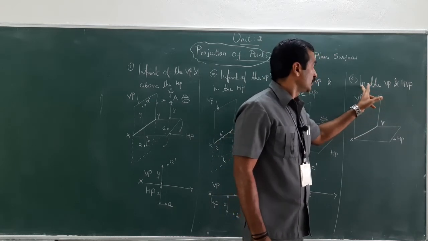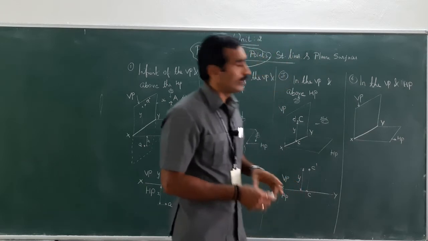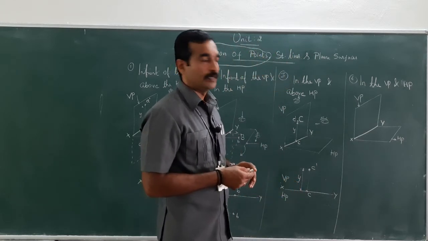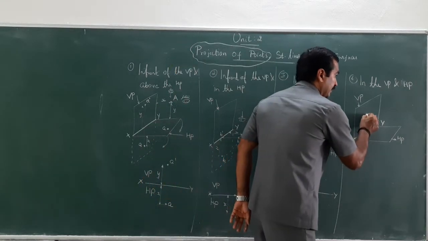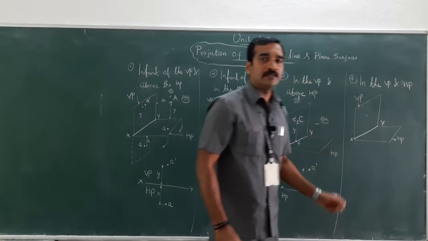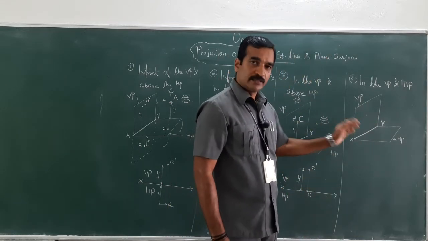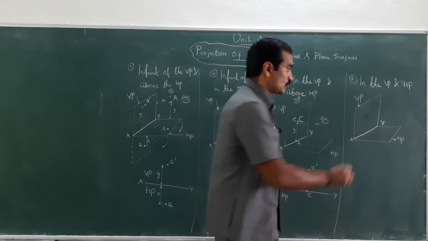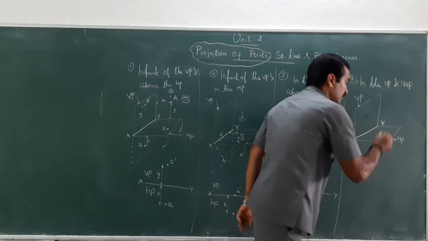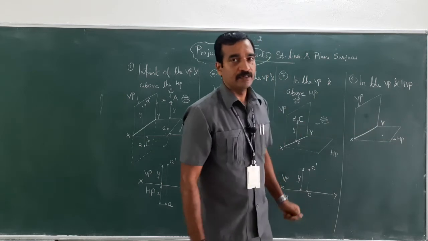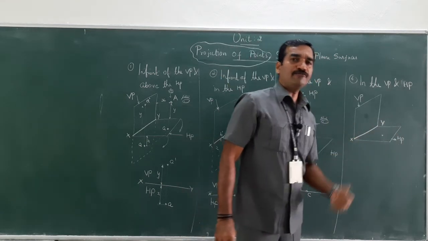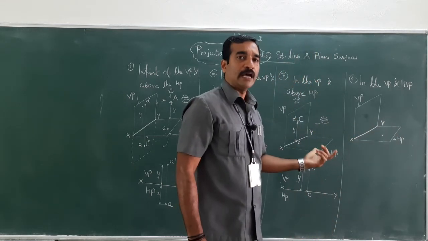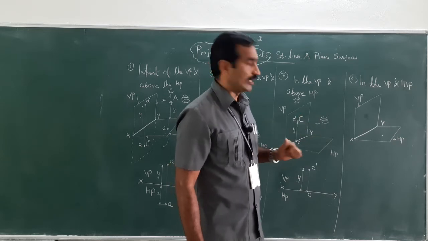How is it placed? In the VP and HP. If I place the object here, this is in the VP and above HP. Suppose the object is placed here, that means in front of VP and in the HP.